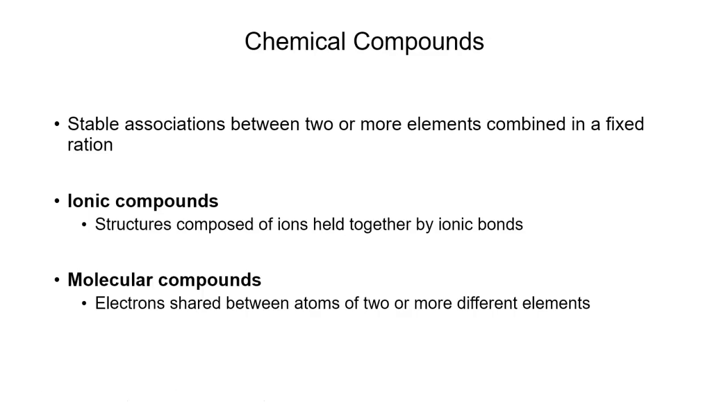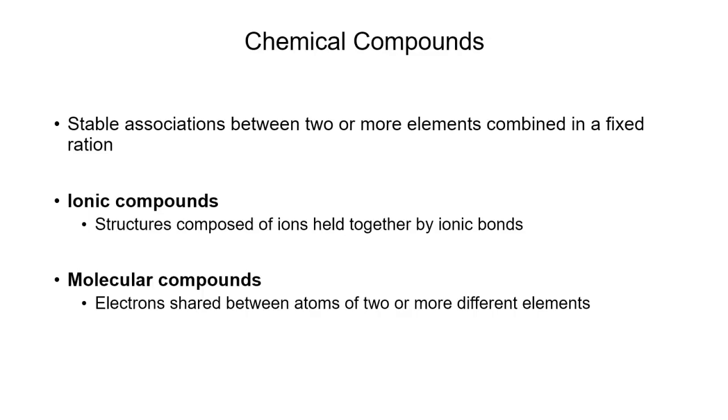The body consists mostly of chemical compounds. Well, chemical compounds are stable associations between two or more elements that combine. Ionic compounds are composed of ions held together by that positive and negative attracting each other. Molecular compounds, we'll talk about later in this chapter.